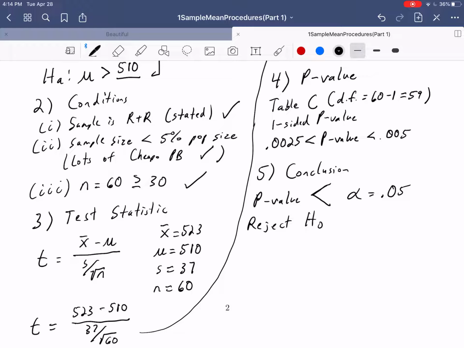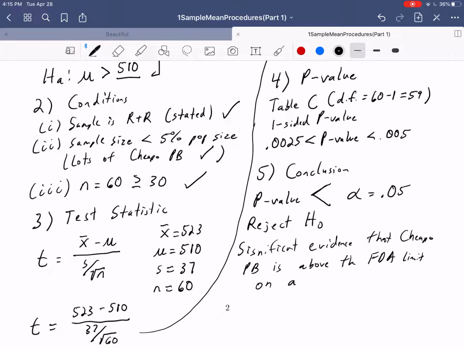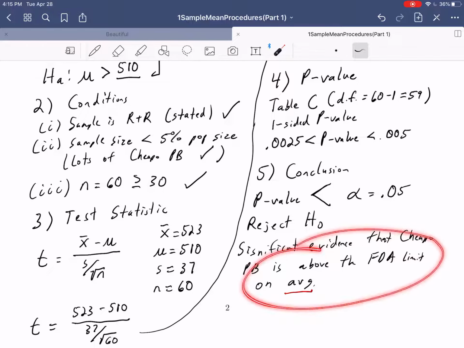So you would say that, and then you would write significant evidence that cheapo peanut butter is above the FDA limit on average.